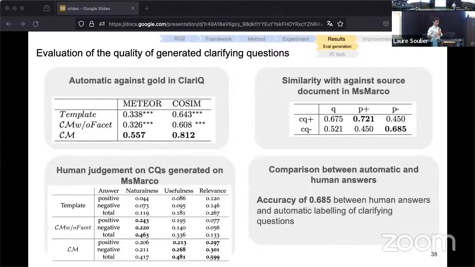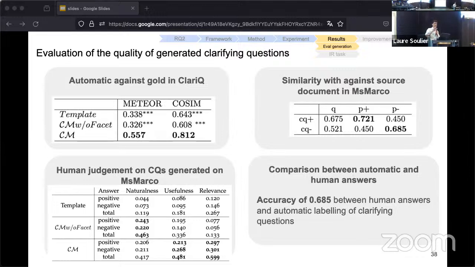We also use human judgment on the clarifying questions generated in MS MARCO. We measured naturalness, usefulness, and relevance. Even though our model does not generate the most natural clarifying questions, they are by far the most useful and more relevant.